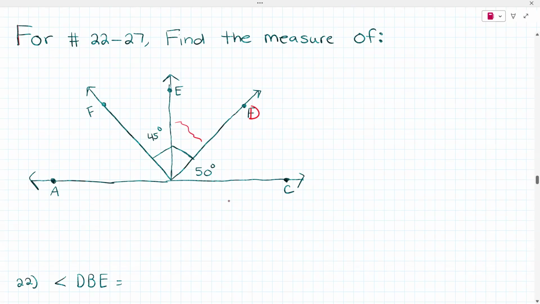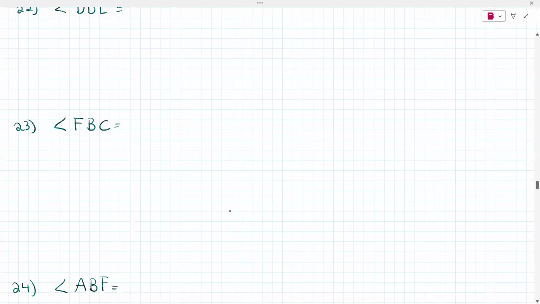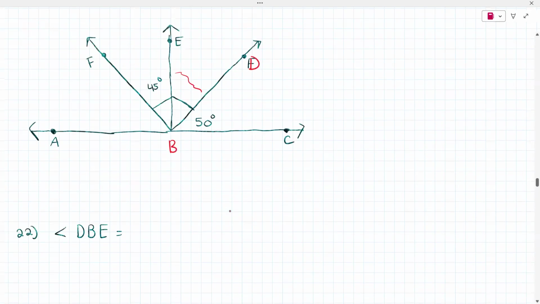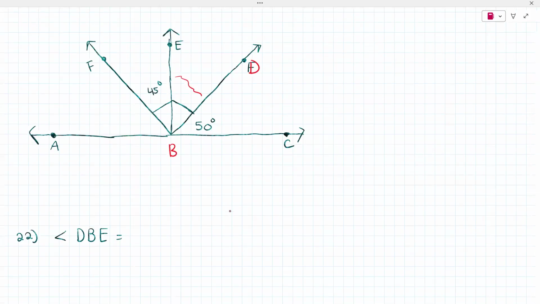Well, we know that angle FBD is 90. The question says, what is the angle of DBE? Well, I know that angle FBE is 45.